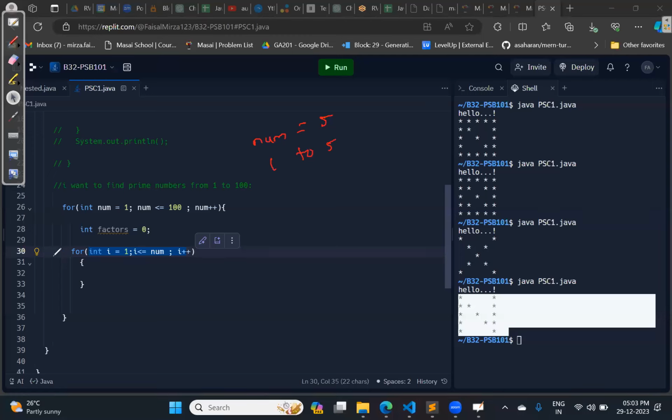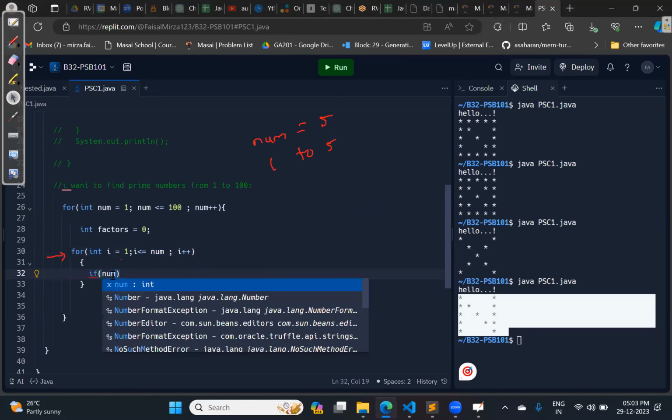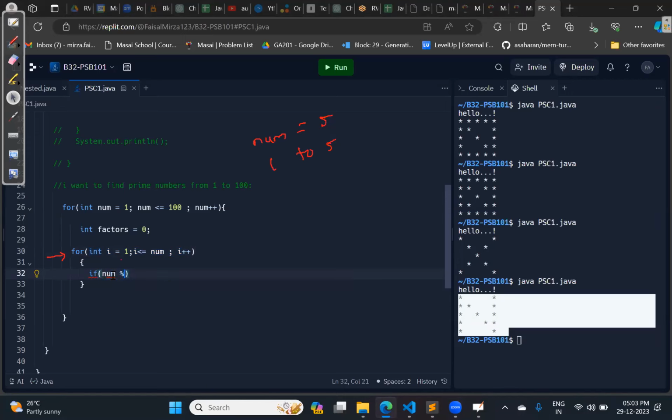Inside this for loop I will write a condition: if 5 mod I is equal to 0, it means it is completely divisible, so I do factors plus plus.